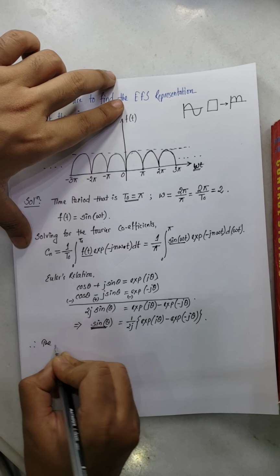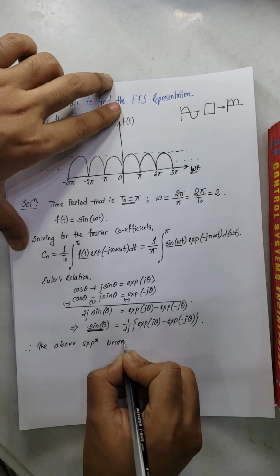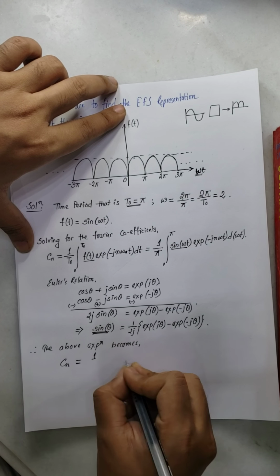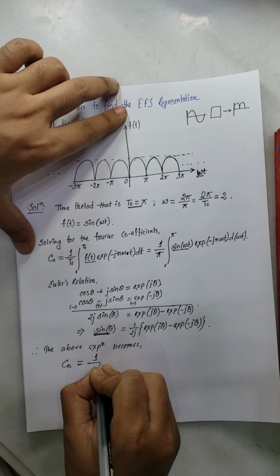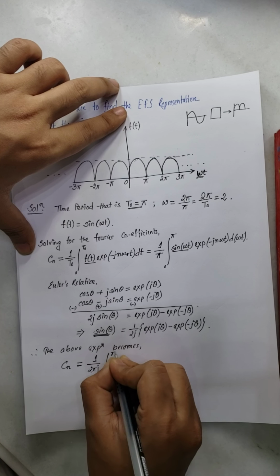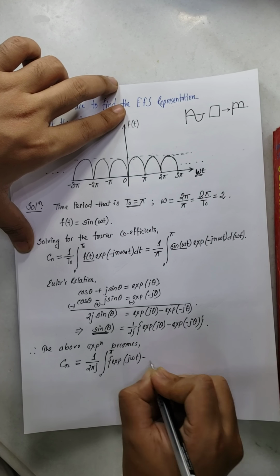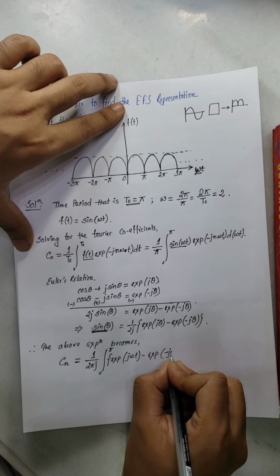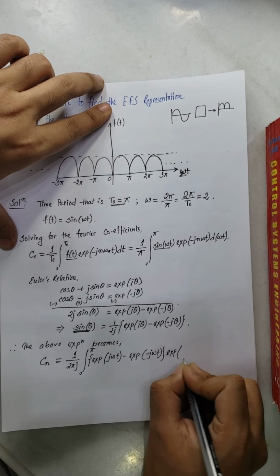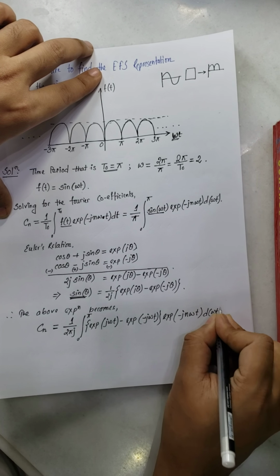So the above expression becomes C of n equals 1 over twice pi j, integral from 0 to pi, of e to the power j omega t minus e to the power minus j omega t, and this term over here, which is e to the power minus j n omega t, d of omega t.